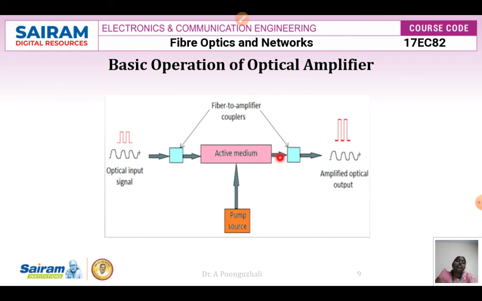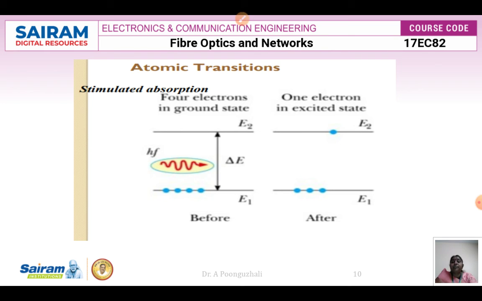The high power level signal is then coupled back through the fiber to amplifier coupler, and at the output we get the amplified output. So the pump source increases the power level of the signal present in the active medium, and this is given to the amplified output signal.